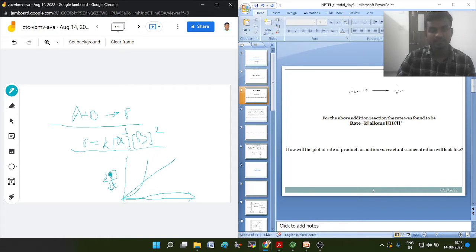So overall it represents this reaction, the rate equal to K into alkene into HCl square. So this will be the case. And the other thing is possible also, like it can pass through here also like this, and so we are assuming it here. Overall this is the case. How will the plot of rate of product formation versus reactant concentration look like?